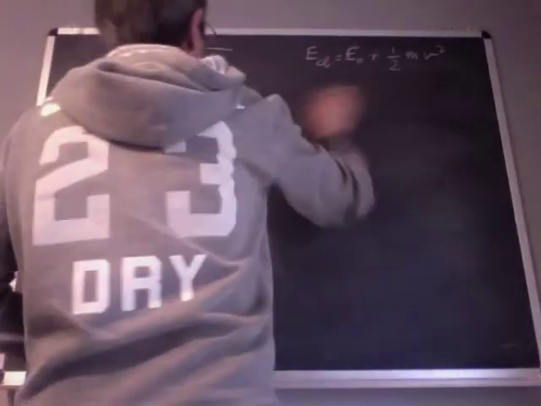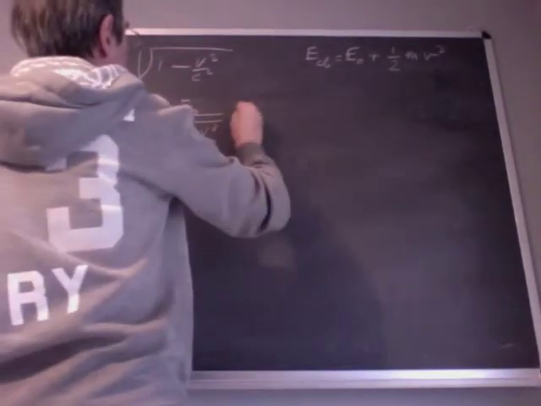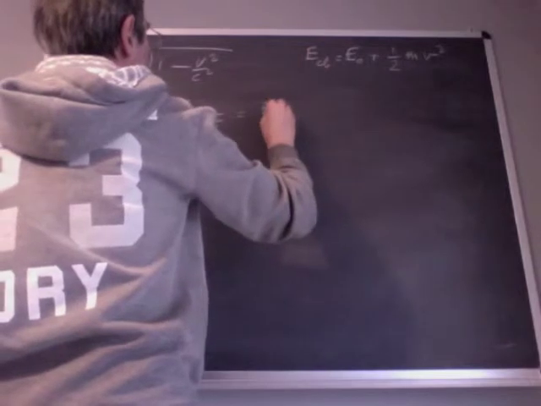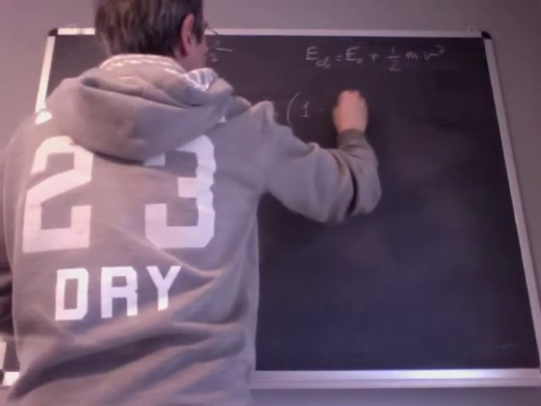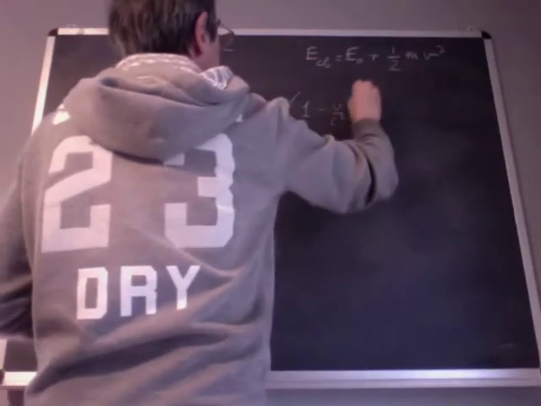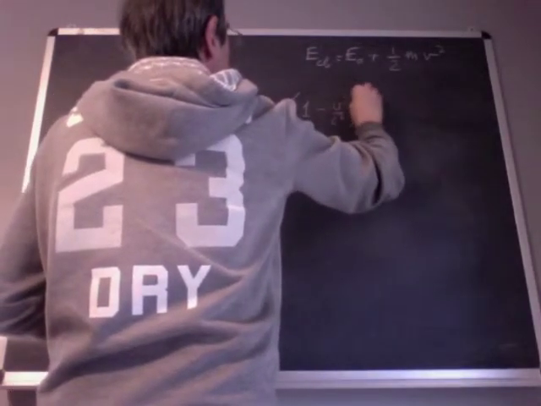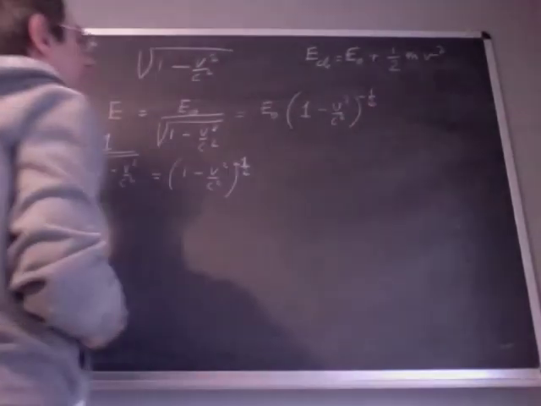So let me write that this is equal to E0 times (1 minus v square over c square) to the minus 1/2.